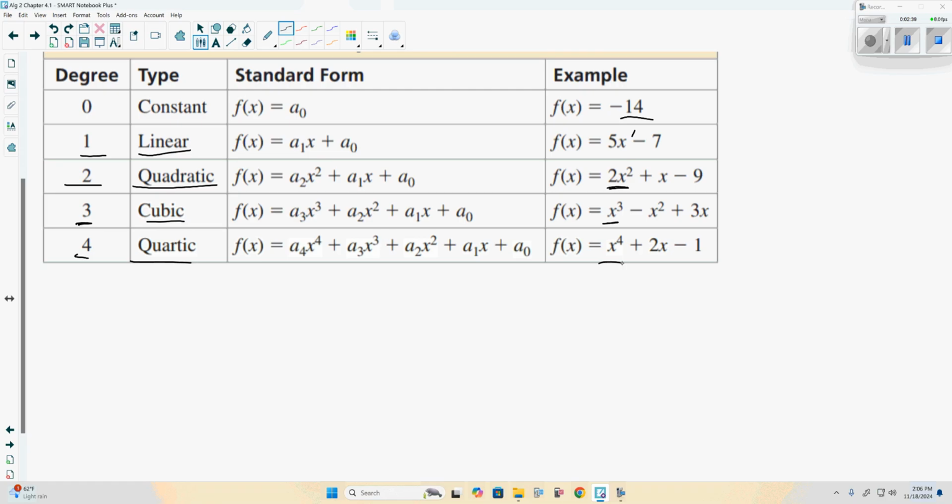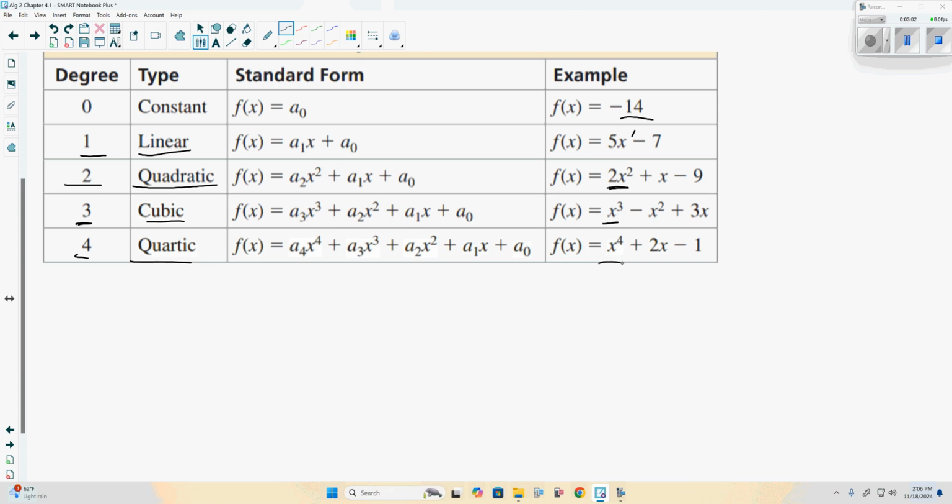Questions on how we can identify degree and type? Yes, and I don't think it'll come up, but 5 I think is quintic. But that's my assumption. I need to look that up. But main types that we're going to have are 0 through 4.